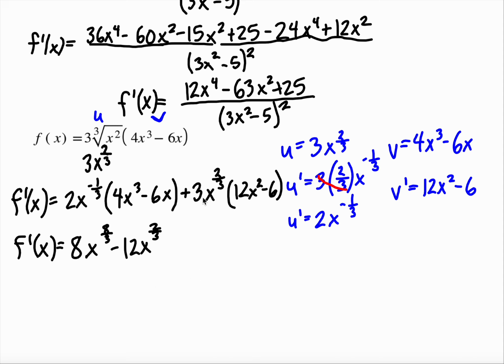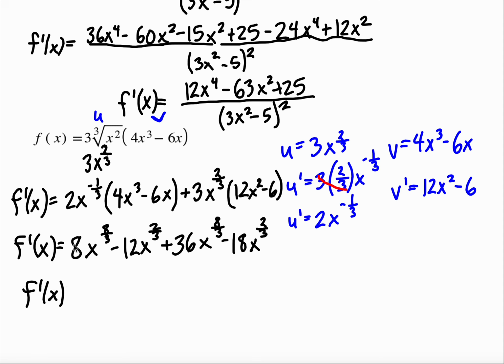And now let's do this one. So we're going to have 3x to the 2/3 times 12x squared. So we're actually going to add these exponents, so that's going to be like 6 over 3. So we're going to have now 36x to the 8 over 3 minus 18x to the 2/3. Okay, and look at what we got here. We can actually combine both of these, so we're only going to have 2 terms in the end.